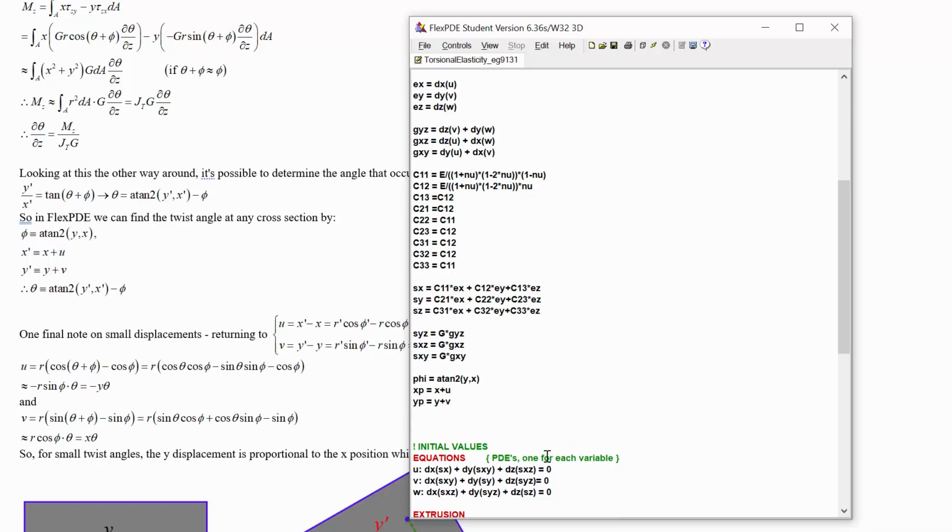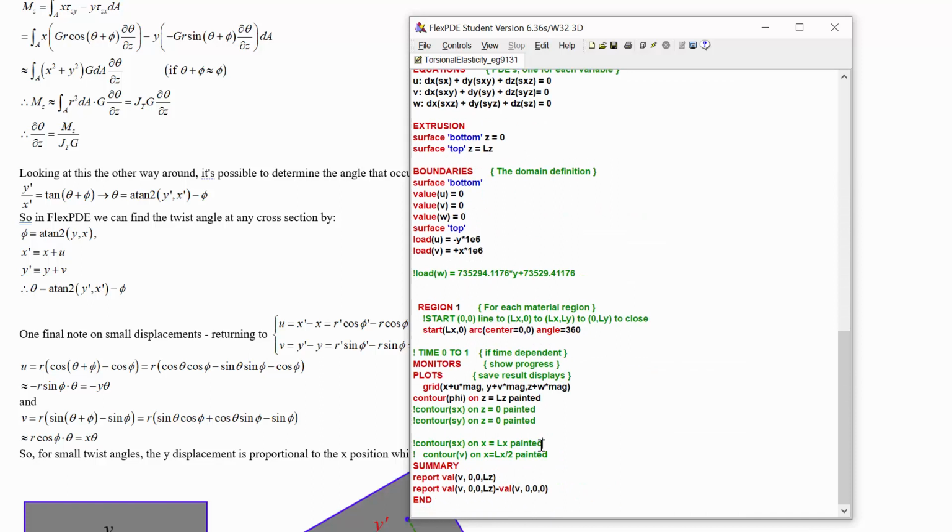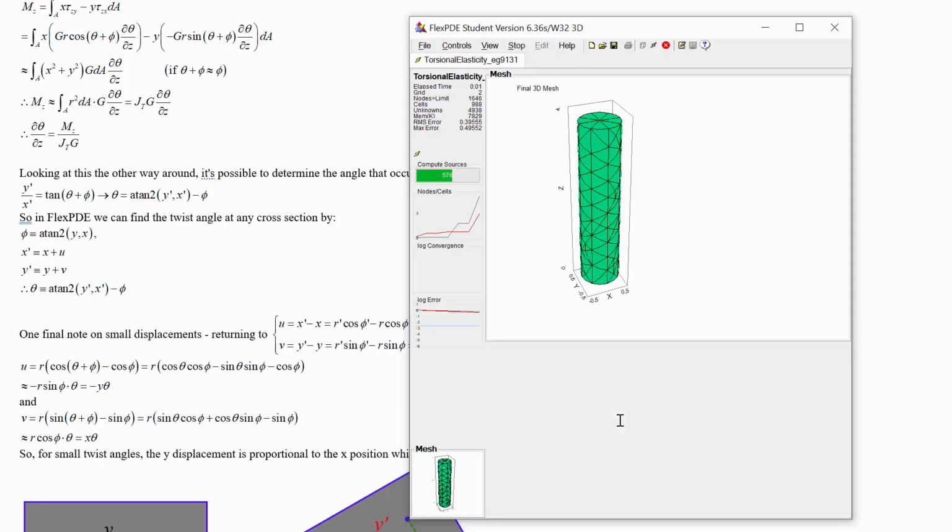And then theta is supposed to be equal to a tan 2 of y prime, x prime, minus phi. And I guess we should report that. Let's have a look at what theta is. So yeah, contour theta on z equals Lz painted.